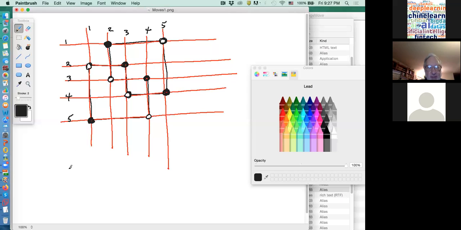And then you see that there is a black permutation, and there is a white permutation.